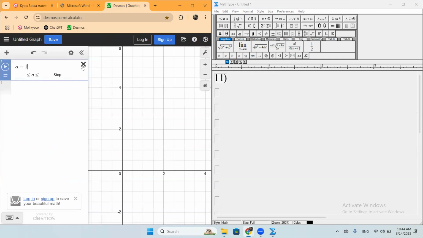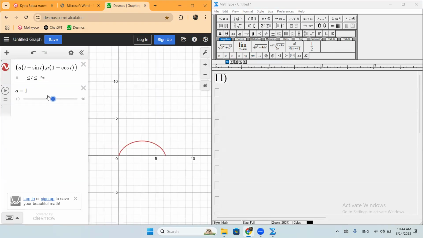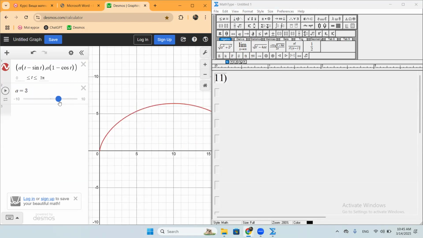So let me again plot the cycloid: a times (t minus sine of t) and a times (1 minus cosine of t), where t is from 0 to 2 pi. And we can vary the value of a using this slider, and we can see that the cycloid is modified.